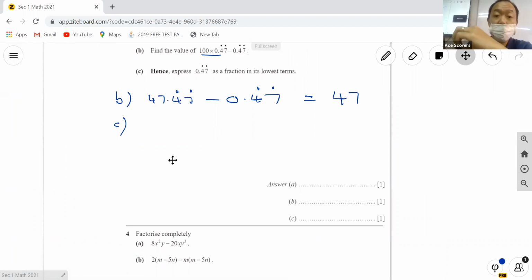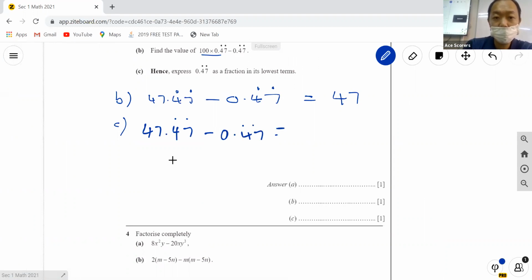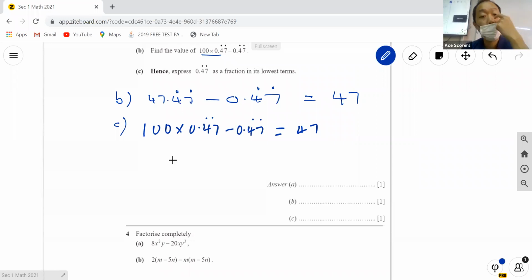The 47.47 equation, minus 0.47 recurring, equals 47.